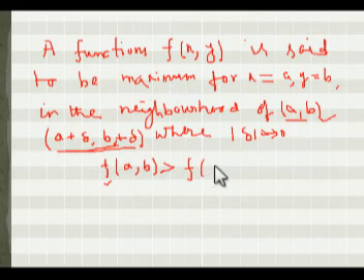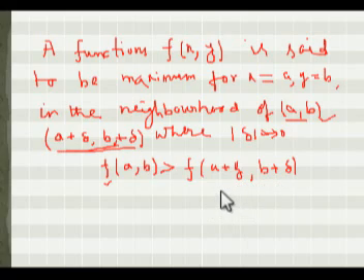it can be written as (a plus h, b plus k) or (a plus delta, b plus delta), where mod of delta tends to 0.